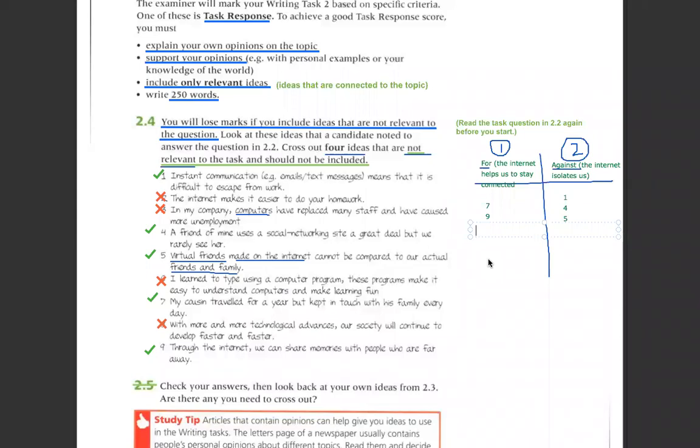All of these things are good. Think about doing virtual meetings. This is a positive way that you would stay connected. All right, so try and keep your ideas balanced, okay? Have the same ideas for as against. This shows that you have a balanced argument.